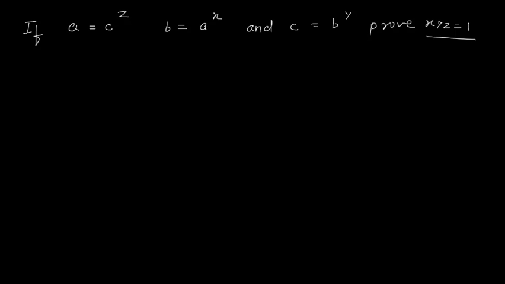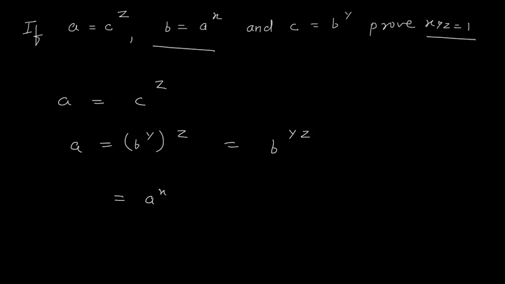Okay, let us start with a. Now a is equal to c power z. Now this c power z, I will write as equal to, what is the value of c? It is b power y. So this is (b power y) the whole power z, which is b power yz. So a is equal to b power yz. Now this b is again a power x, so b will be written as (a power x) the whole power yz.